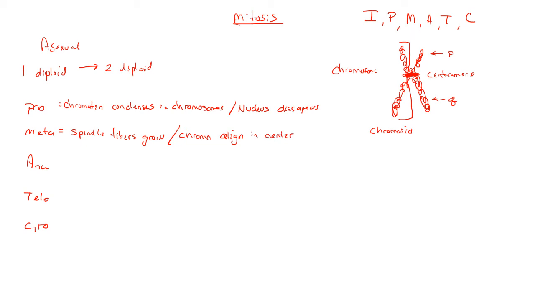Yeah, it's like roll call and boot camp. That's exactly what it is. They line up in the middle. They're equally spaced, and they're found in a nice single file line. In this case, the spindle fibers are now attaching to the centromeres of each of the chromosomes, and that'll happen on both sides of them, because what happens next is that we start to split the chromatids.